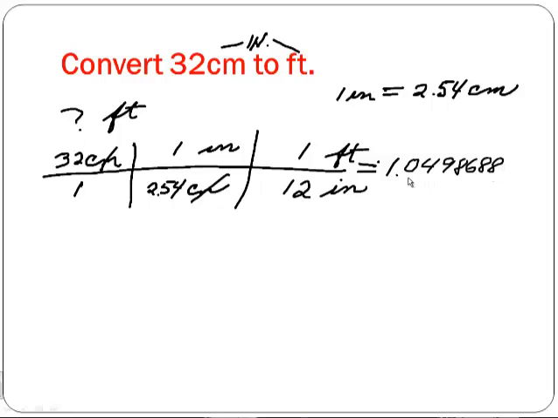However, I'm not going to round to that. I'm not going to have all those numbers. I'm going to round to 1.0 feet. Okay, box in your answer, and you are done. Excellent. And notice that I'm rounding to the correct number of significant figures of my initial number. Everything else is considered a definition.